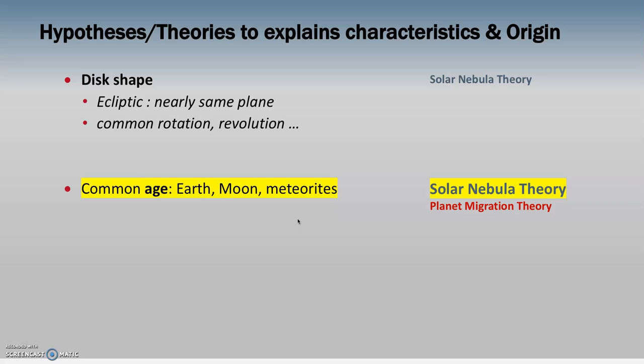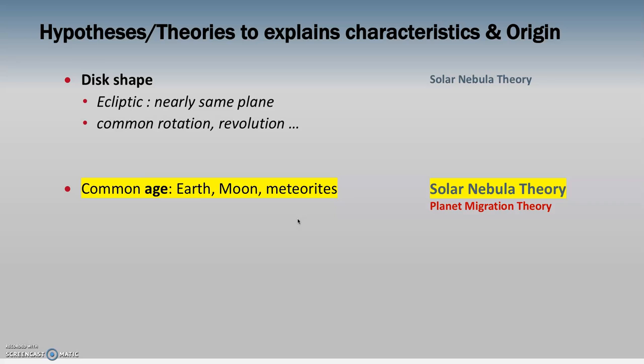You can also point out, although it is controversial, that the solar nebula theory comes up with a common age for the Earth, Moon, and meteorites, that everything formed at the same time, that the sun and the gas and the disk shape, the protoplanetary disk, formed at the same time.